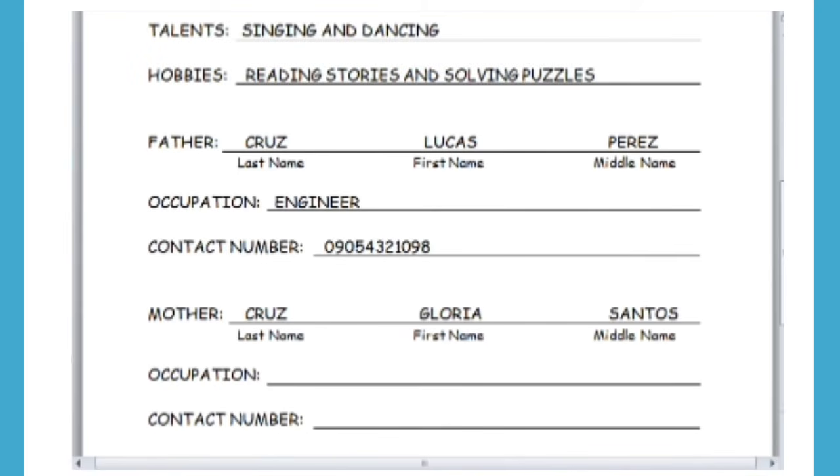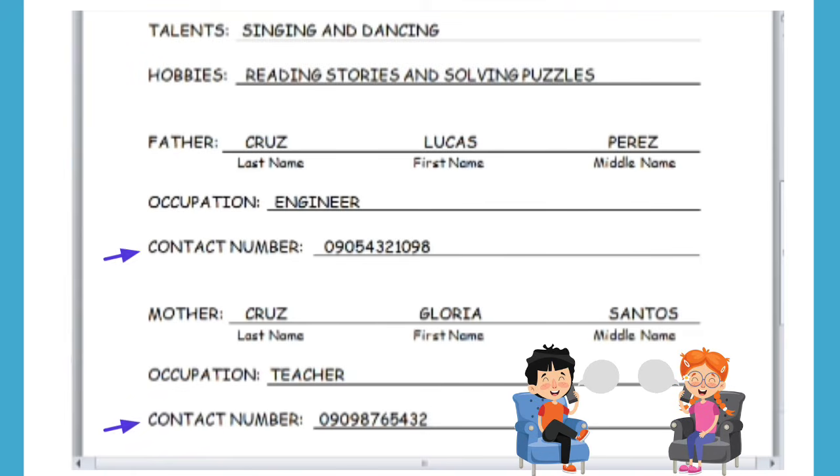Let's say John's mother is a teacher and her contact number is 0909-8765-432. The contact numbers of your parents are very important so that it would also be easy to reach them should there be important matters that they need to know or in case of emergency.